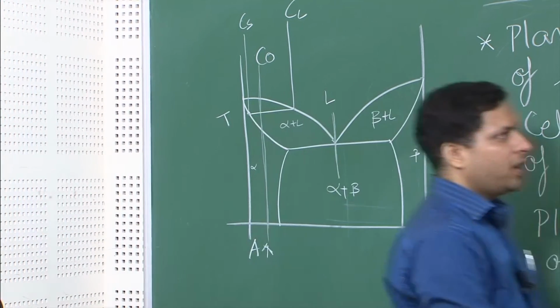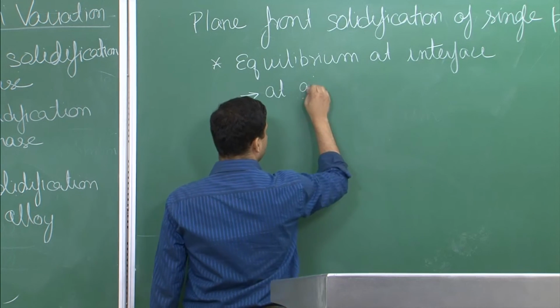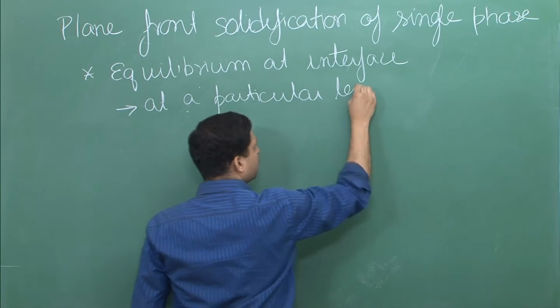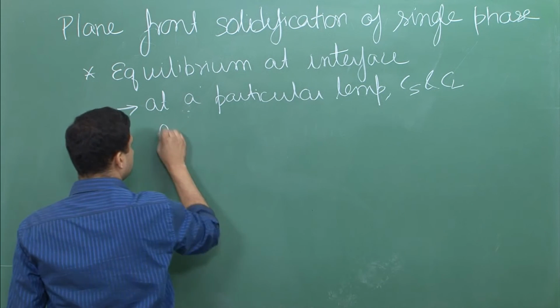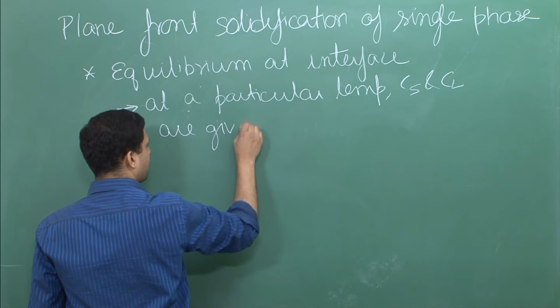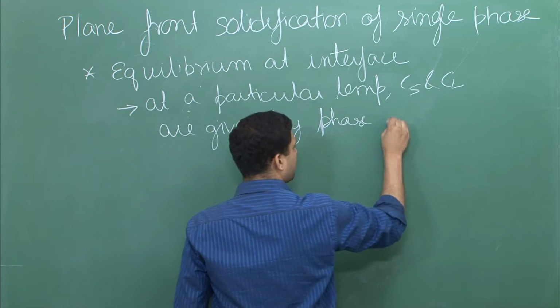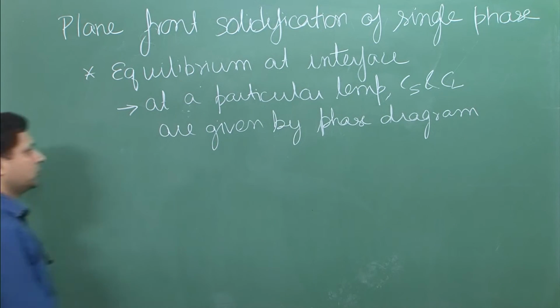So in effect, equilibrium at interface is saying that at a particular temperature, Cs and Cl are given by the phase diagram. So this is an assumption that we make when we are talking about plane front solidification.